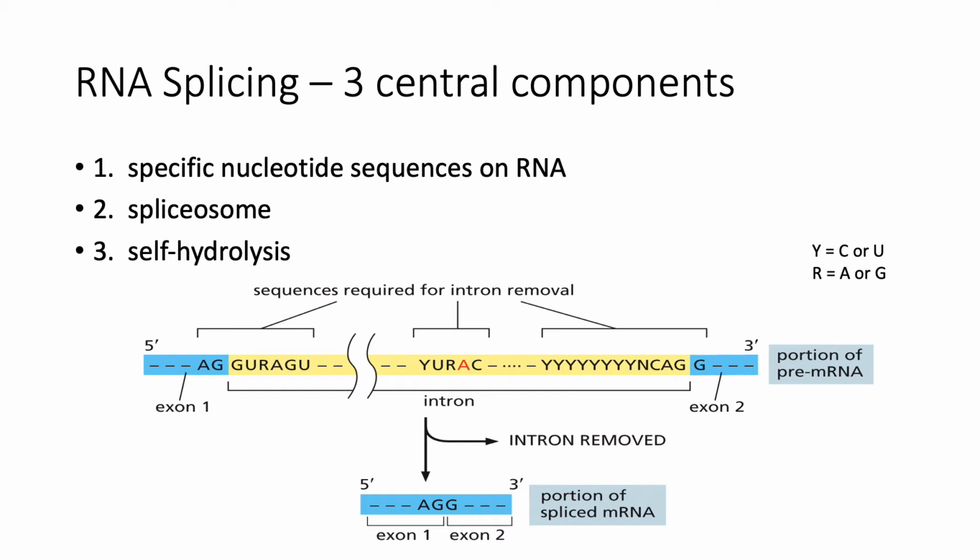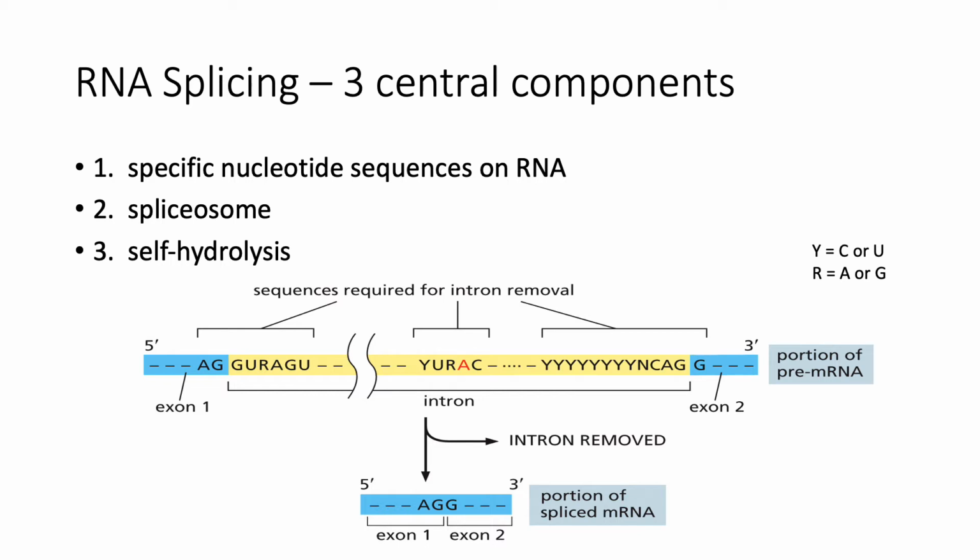The 3' splice site, which occurs at the 3' end of intron 1 and exon 2, also has a conserved sequence: G in the exon, and then in the intron, there's this whole series of what are called Ys. Y is either C or U. N is any nucleotide, so it's not highly specific there, but there is some pattern, but there's always a CAG.